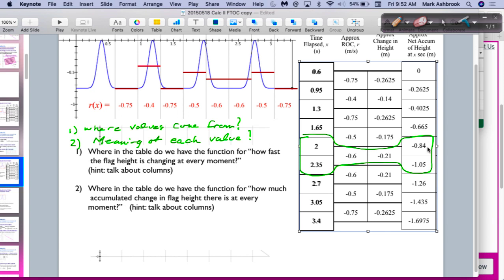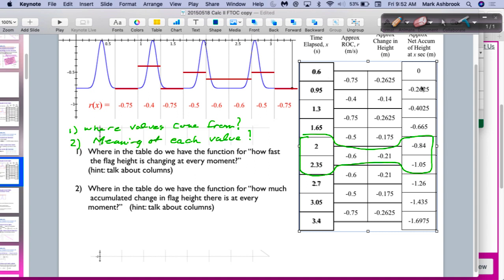Okay, since when? So yes, that is a change in height of the flag. Since what point in time? What do you think? Anybody? Since 0.6 seconds. Yeah, since this time, right?